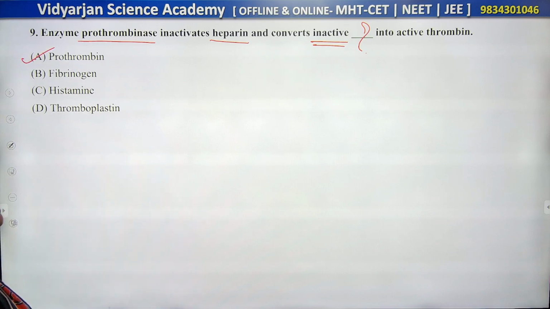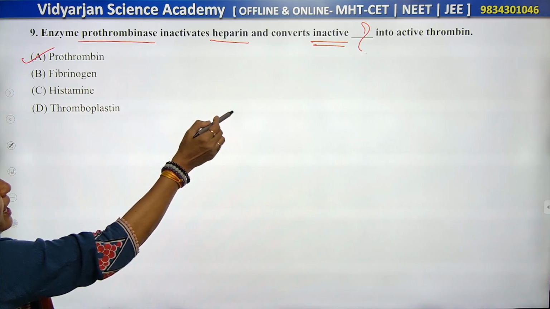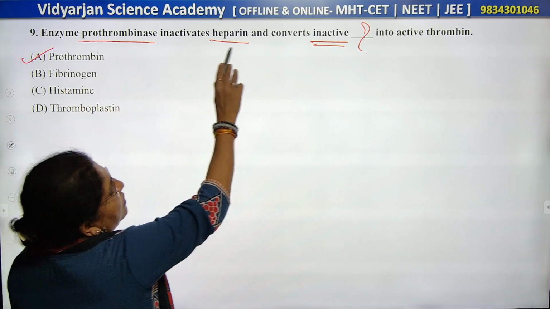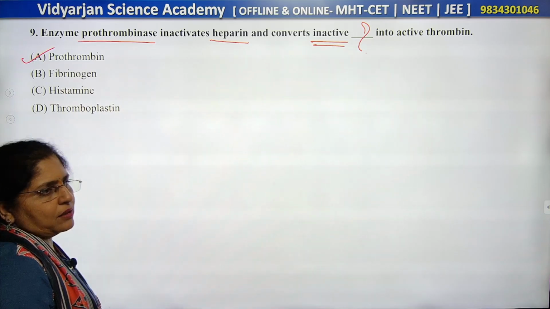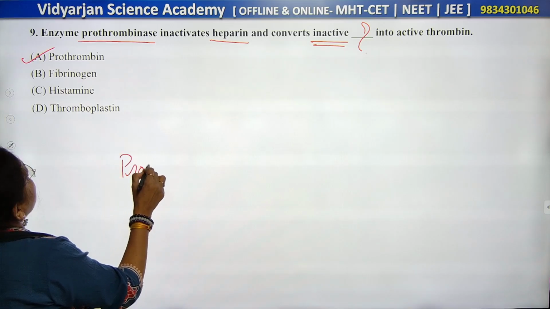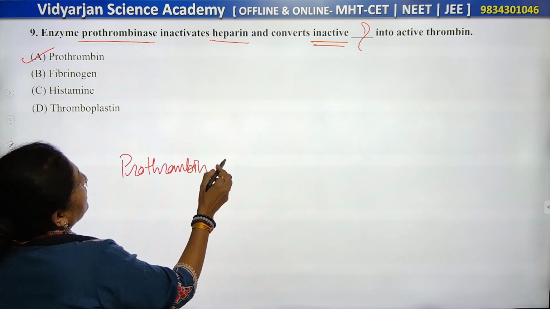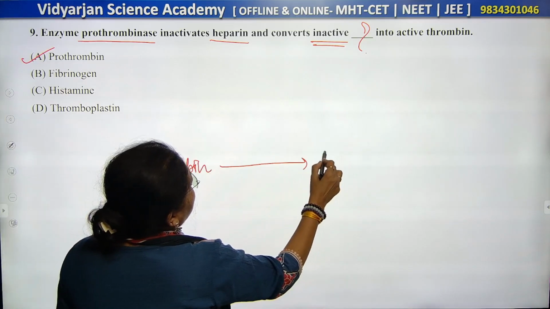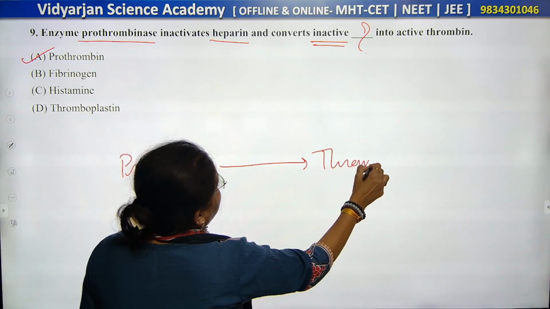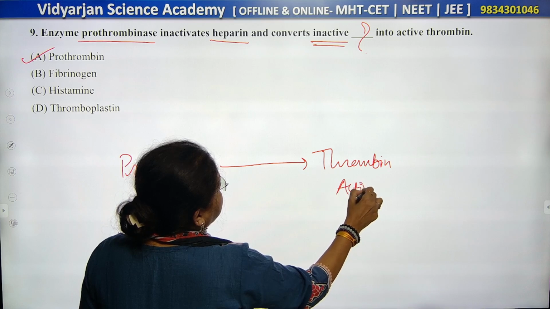Prothrombin is the main protein which is giving you the conversion. Prothrombinase inactivates heparin and converts inactive prothrombin into thrombin. You know that thrombin is active.